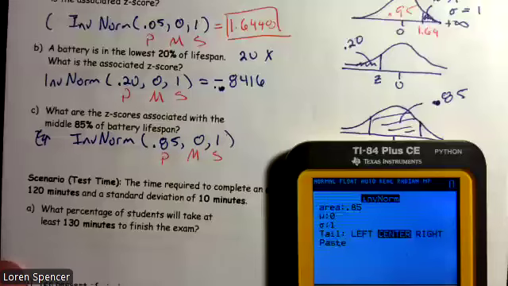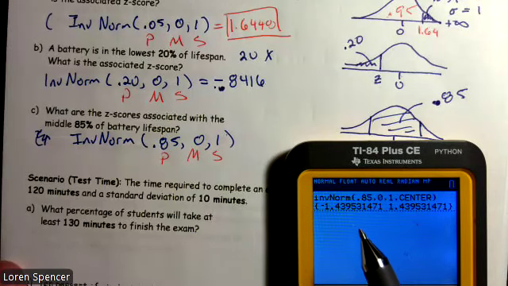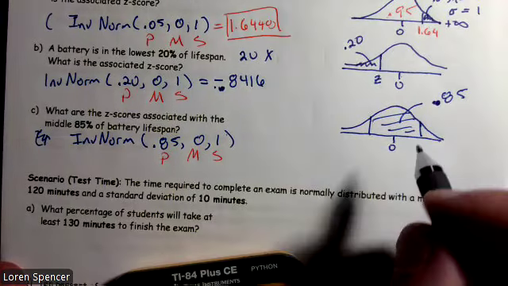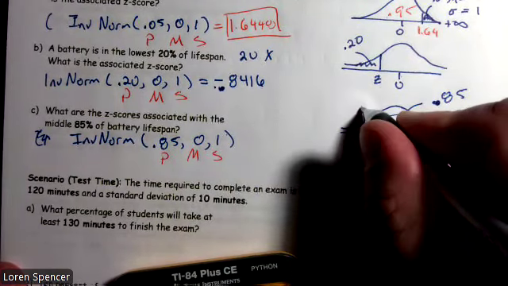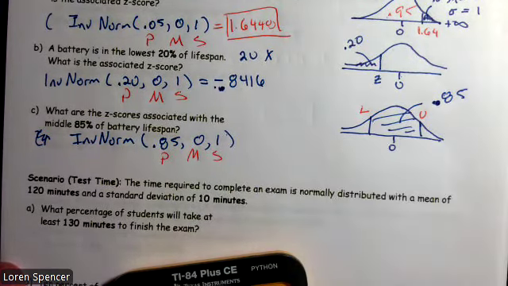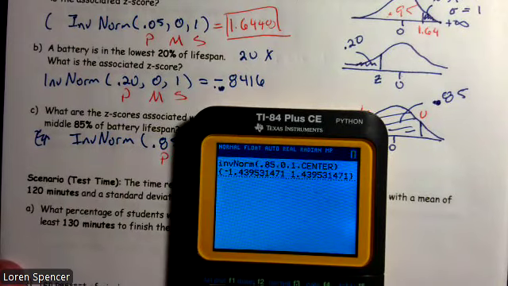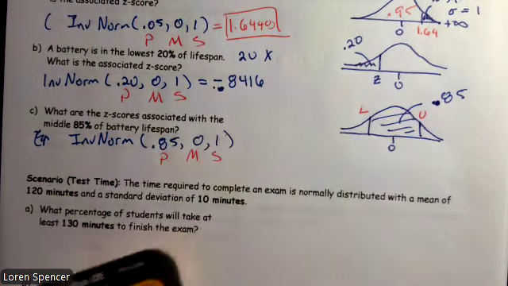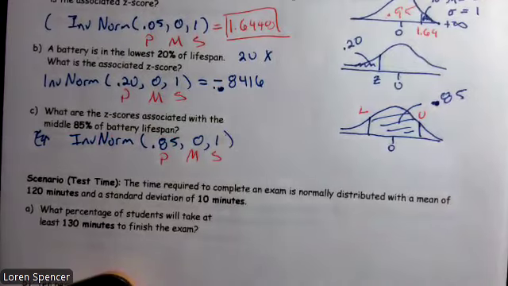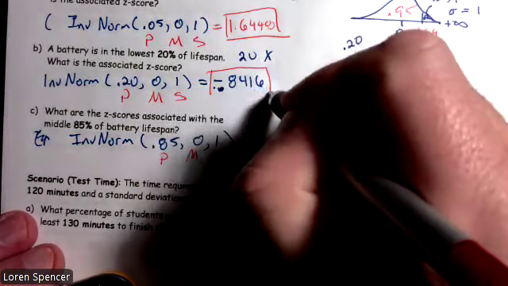Press enter, and we end up getting two z-scores because essentially we're looking for this lower z-score right here, and we're looking for this upper, and we end up with a negative 1.439 and a positive 1.439. So let's box our answer. Should have done that up here.